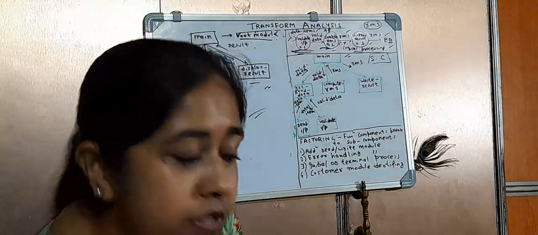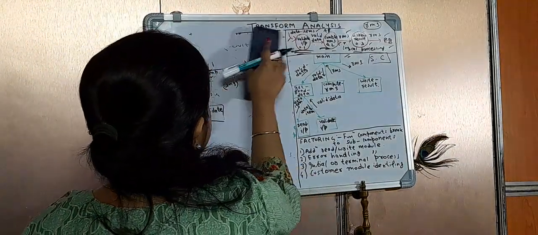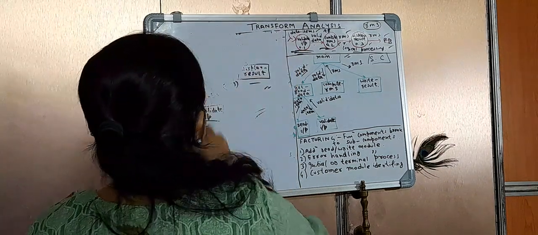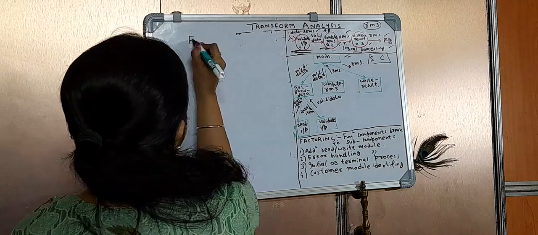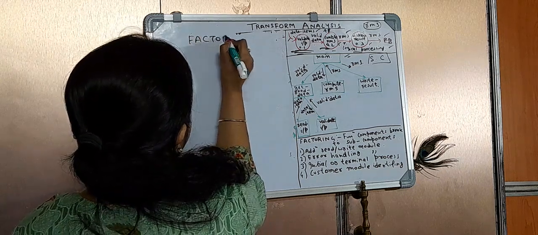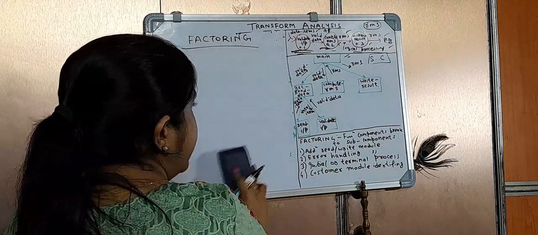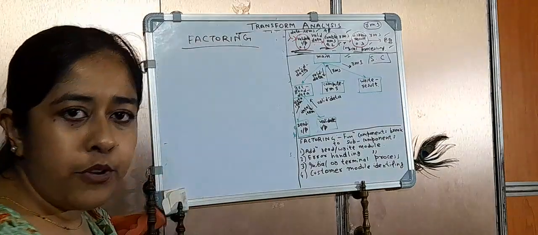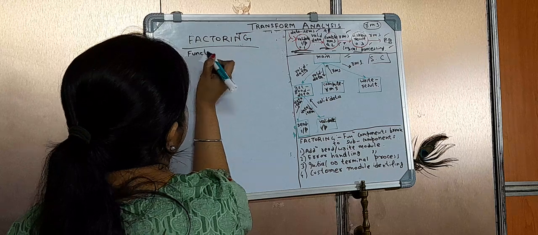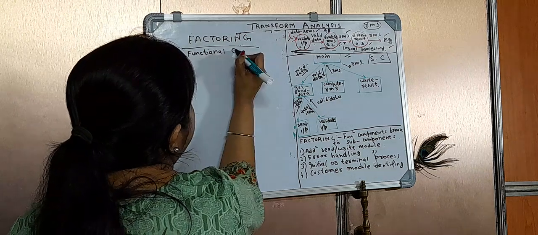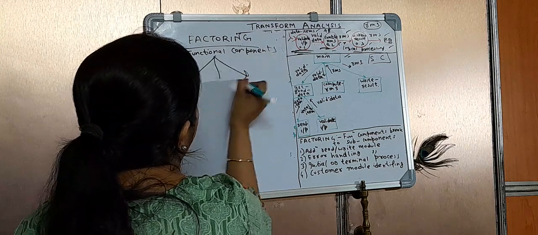Now, one more thing that is there, that is factoring. In this case one question comes: what is factoring? Factoring is when the functional components, as you have seen here, are broken down into sub-functional components.